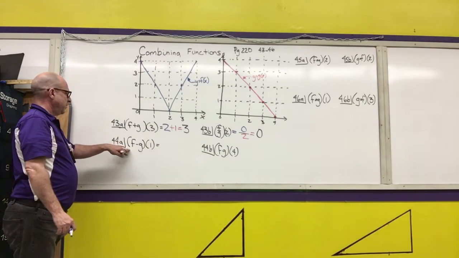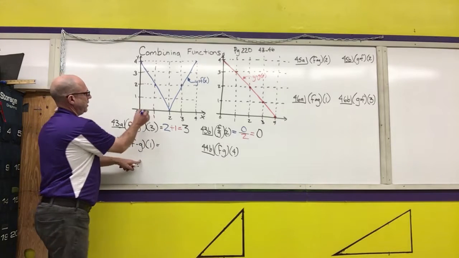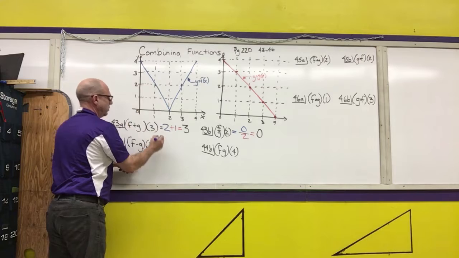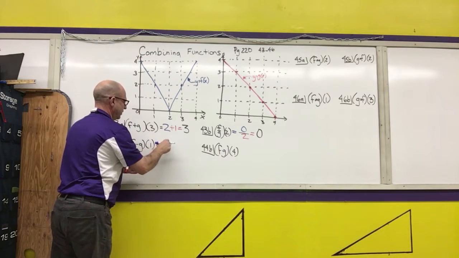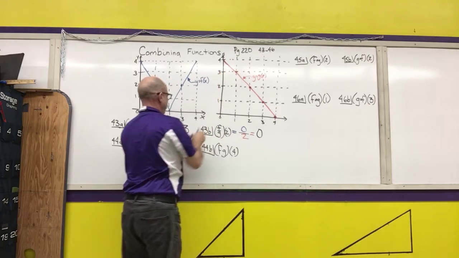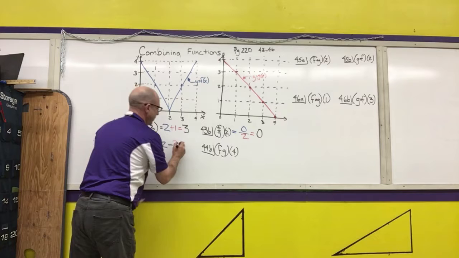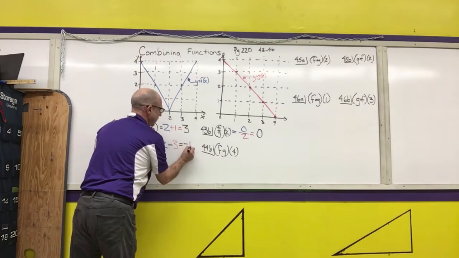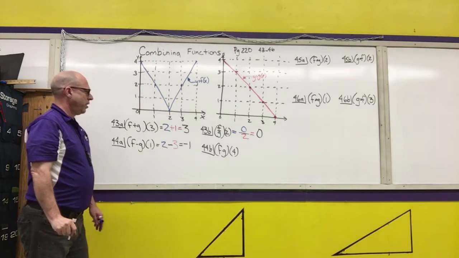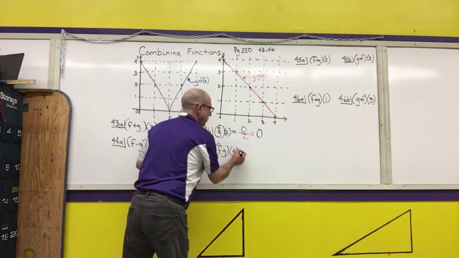Next one, they want me to find the difference of f and g evaluated at 1. F evaluated at 1 is the number 2, minus g evaluated at 1, which is 3. And 2 minus 3 is equal to negative 1. 44b, it's the product of f and g evaluated at 4.